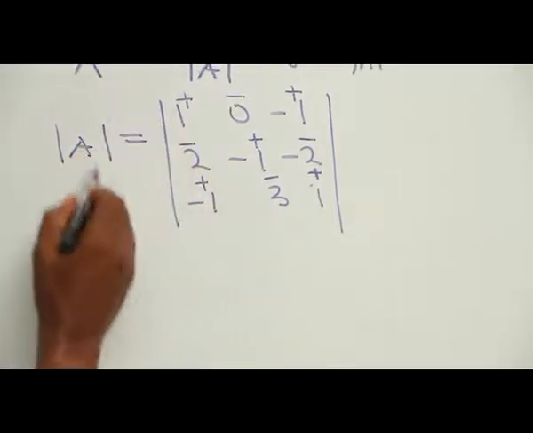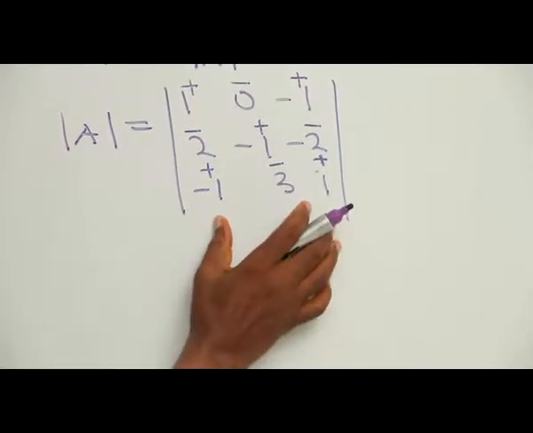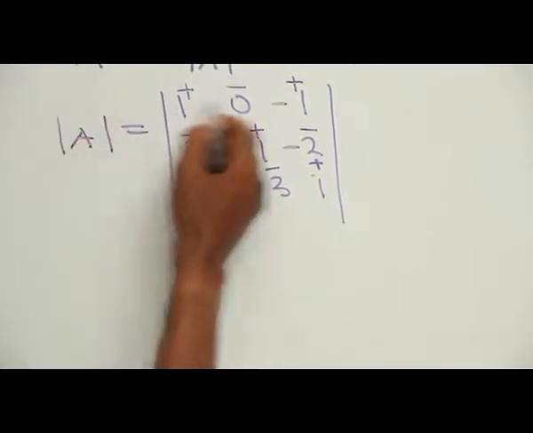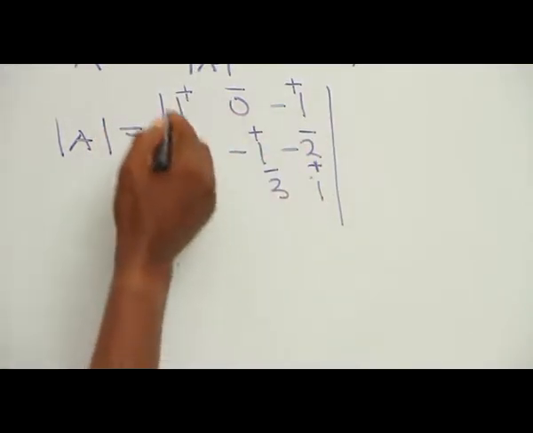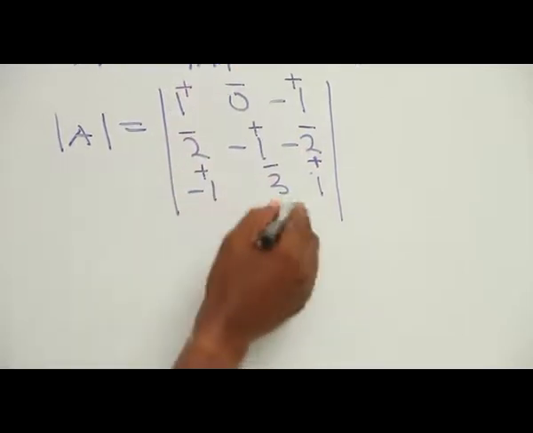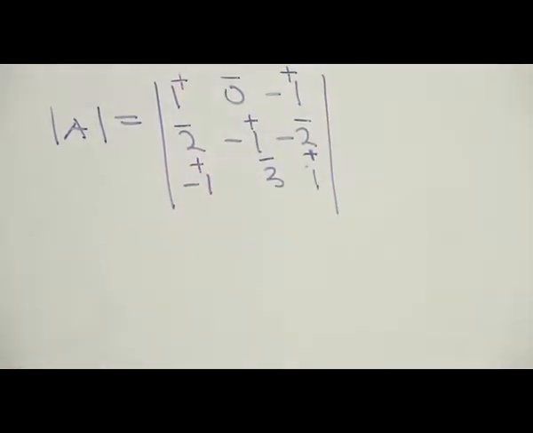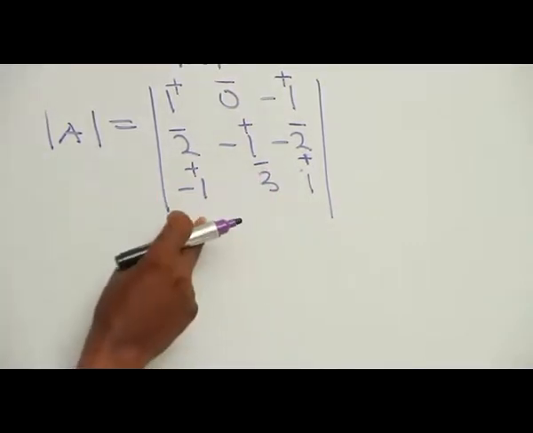Now, in finding the determinant of a 3 by 3 matrix, you can use any row or any column. You can use the first row or the first column, the second row, the second column, the third row, any of them, it will give you the same result. That is the beauty of this.